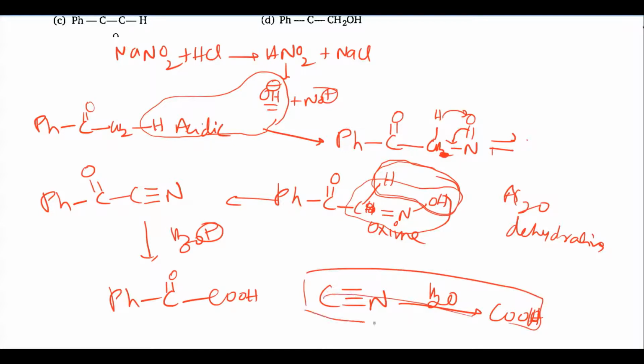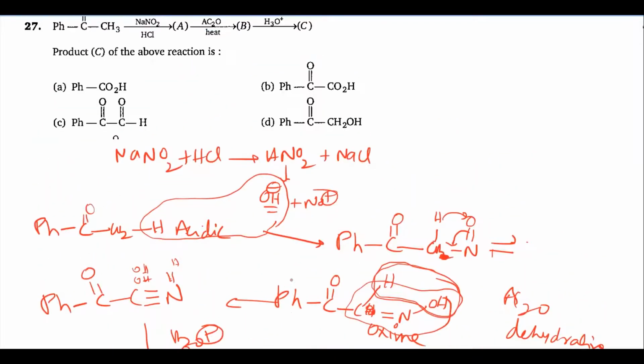So there is a mechanism. Here hydrogen is added, OH is added, hydrogen is added, OH is added. So here water is eliminating. Okay, then amide formation. After that again you have to do hydrolysis, then only we get carboxylic acid. Understand? So this is PhC double bond O COOH. So option B is the correct answer.